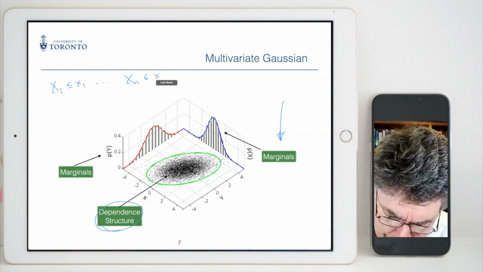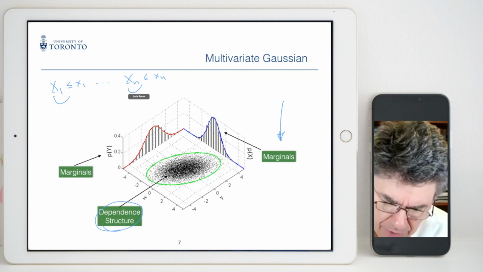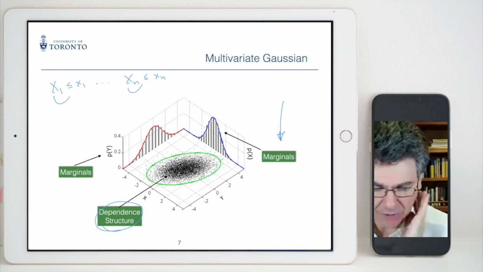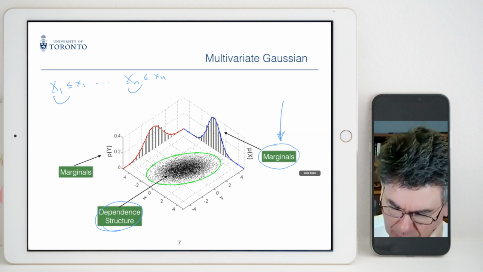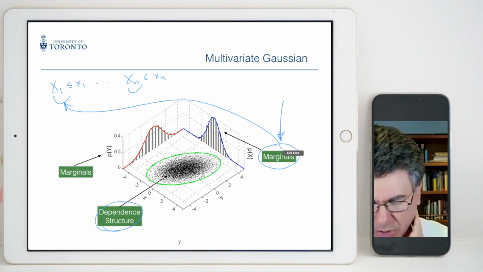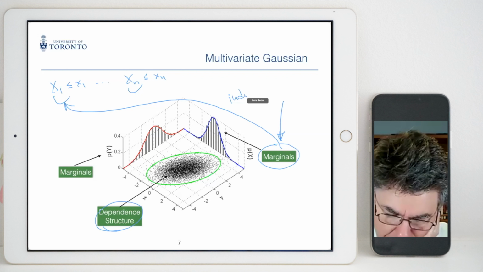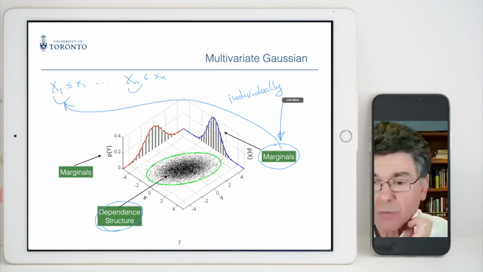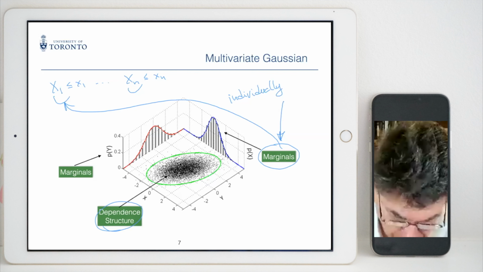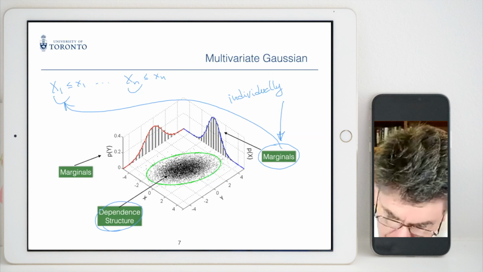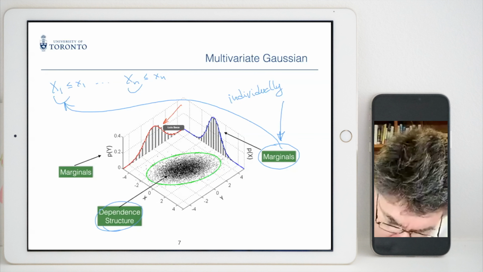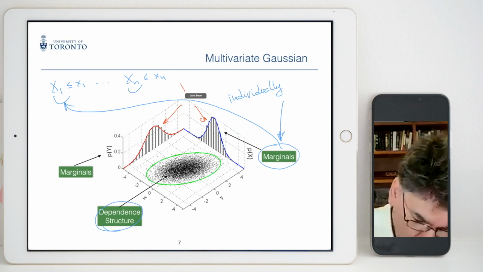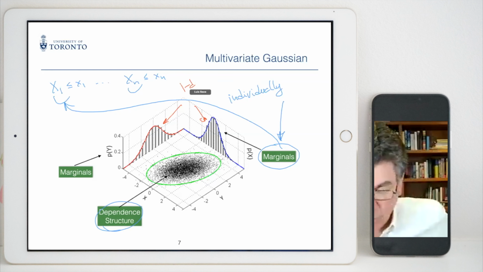Each of these random variables could exist as an independent random variable, ignoring all the others. This is what gives rise to the marginals. So the marginals are the way we deal with each of the distributions individually. Each of these has its own probability density in 1 dimension.